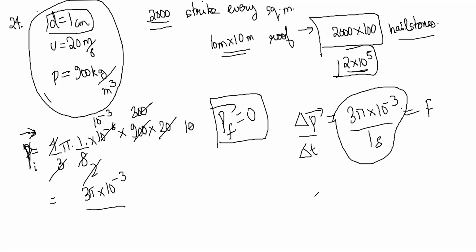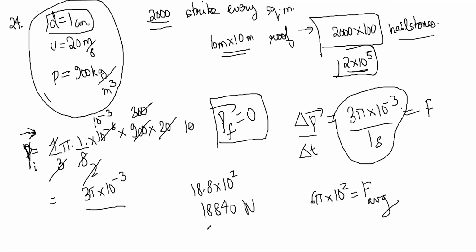There are 2 into 10 power 5 of them, so 6 pi into 10 power 2 is the total average force. 6 pi is 6 into 3.14, which is 18.84, so 18.8 into 10 square. So almost 18,840 Newton. Correct, that is the average force that is exerted.